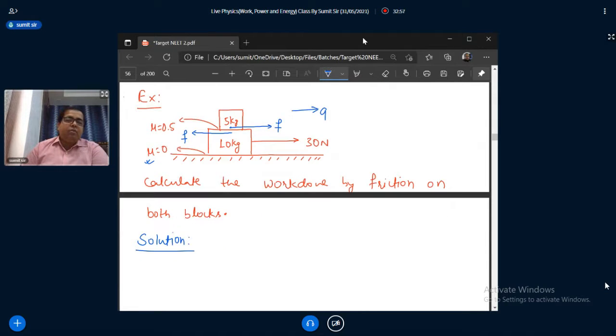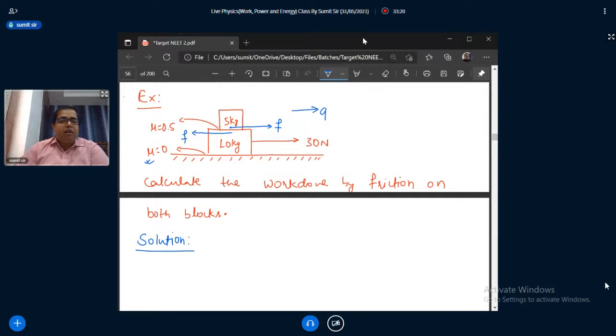So first we will assume that both the blocks move together. Okay, because we don't know about the nature of this friction, it may be limiting friction, or it may be less than limiting friction, or it may be kinetic friction.